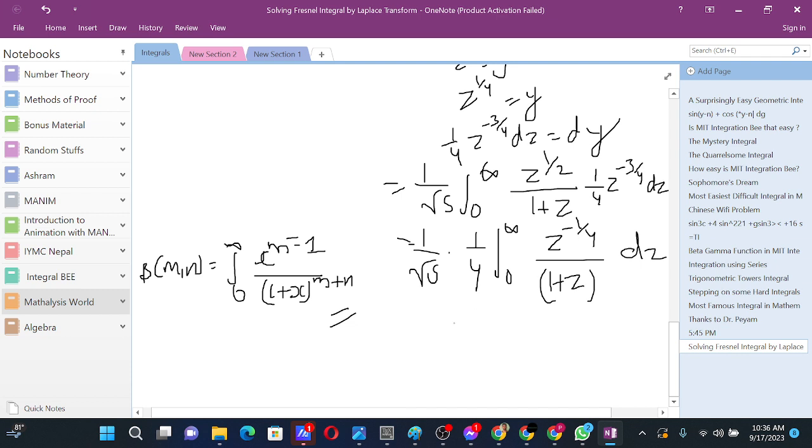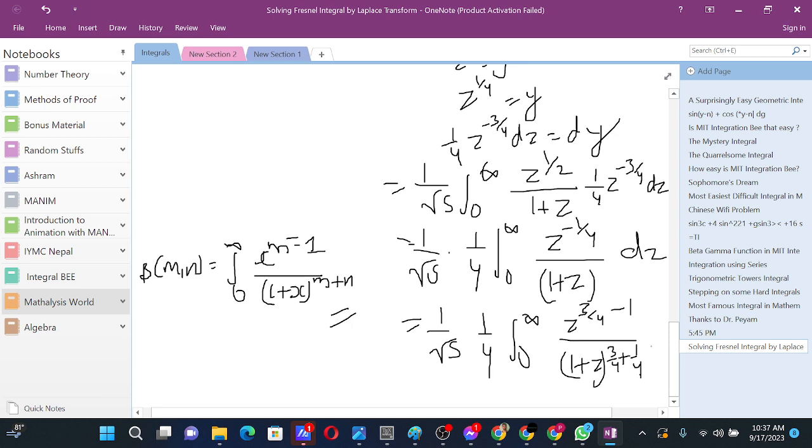Now we'll try to change it to this exact similar form: 1 by root s times 1 by 4, and this will be integral from 0 to infinity z to the power 3 by 4 minus 1 by 1 plus z to the power 3 by 4 plus 1 by 4. This 1 by 4 is because we have to make it 1 overall.